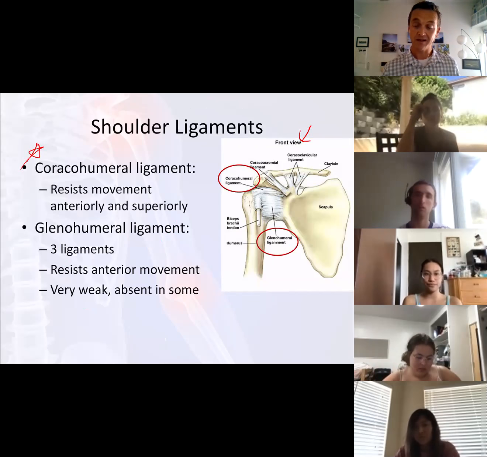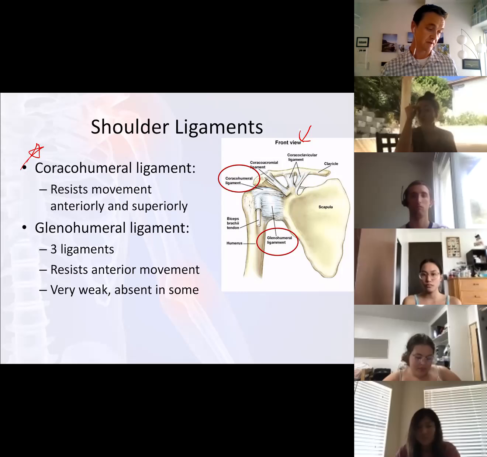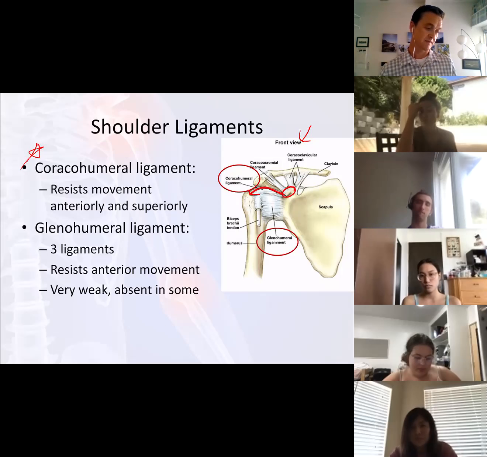And the nice thing about a lot of ligaments is that they're named for the two bones that they touch, right? So we got the coracoid process and the humerus, right? So the coracohumeral ligament goes right from the coracoid process, which is right there, over this way to the humerus, okay? We can see that it's on the anterior superior aspect of the joint.